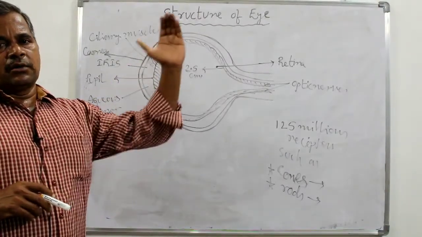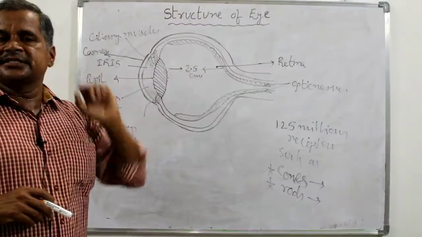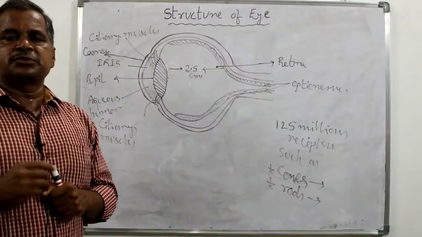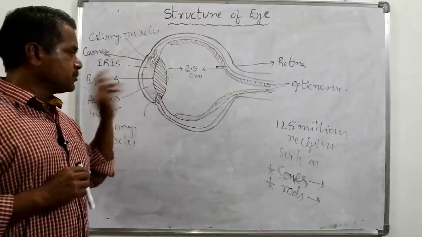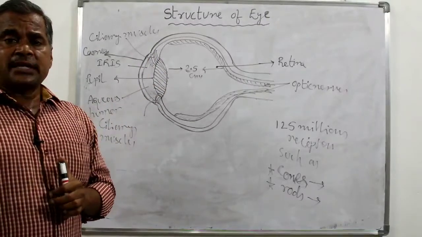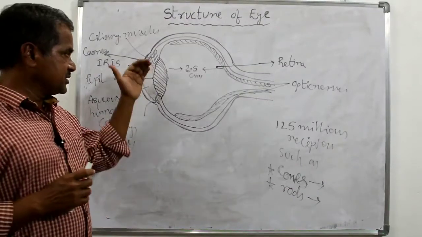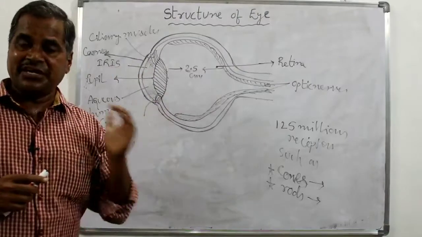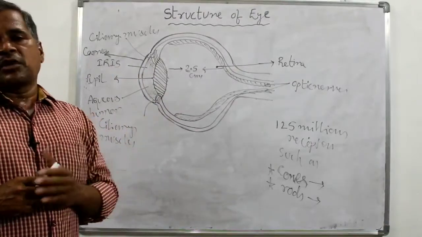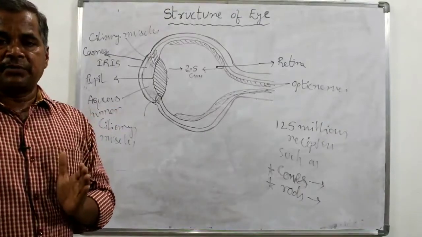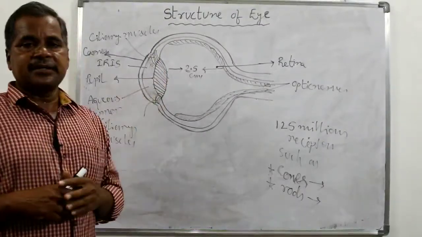So here one important thing is, when we see objects which are placed at distinct distances, at that time the focal length of the eye lens becomes maximum by the help of ciliary muscles. What is the maximum focal length of the eye lens? When we see objects placed very near to our eye, the focal length of the eye lens becomes minimum by the help of ciliary muscles.